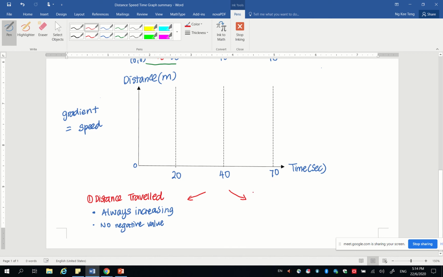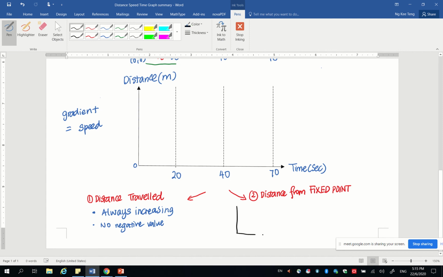But there is a second type that can have different values. The second type is called a distance time graph from a fixed point. What do you mean by distance from fixed point? Recently this has been quite popular.